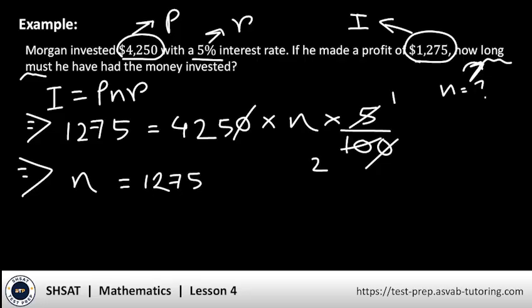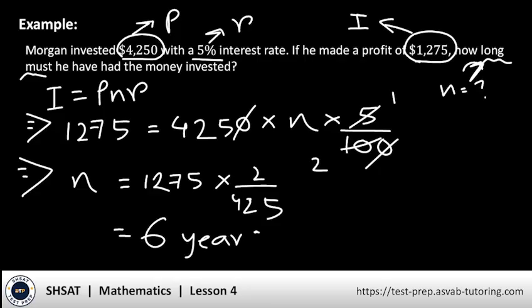So that is 1,275 divided by 425 over 2, or times 2 over 425. Now all you do here is just simplify. You can of course cancel out 1,275 and 425 with 5s, and so on. If you do that continuously, the value will come out as 6. So that means he must have had the money invested for a total of 6 years.